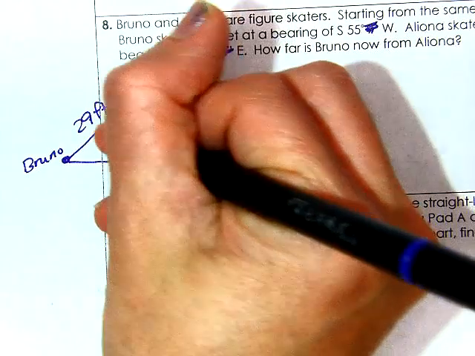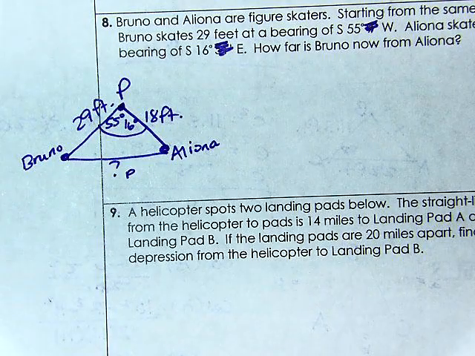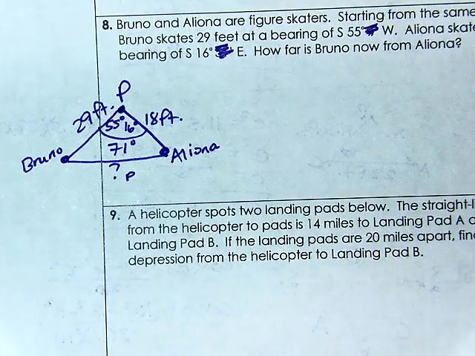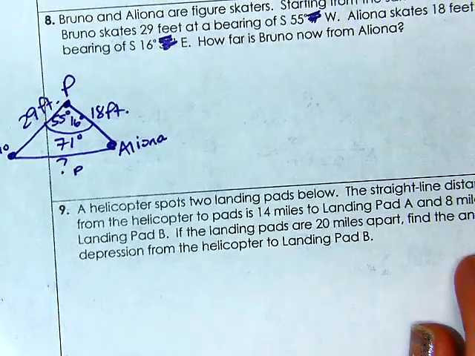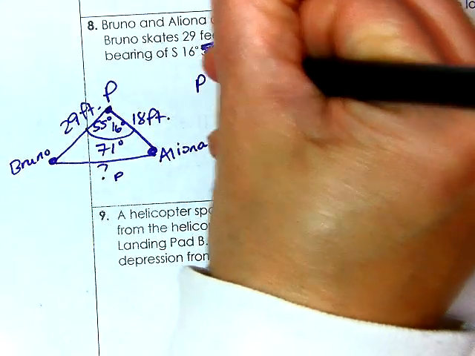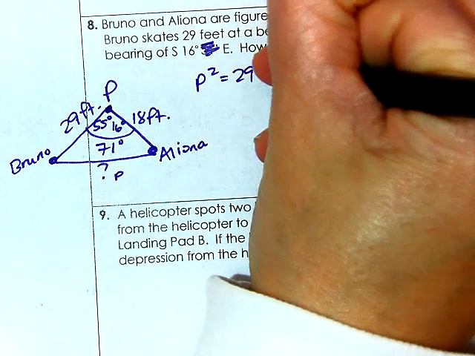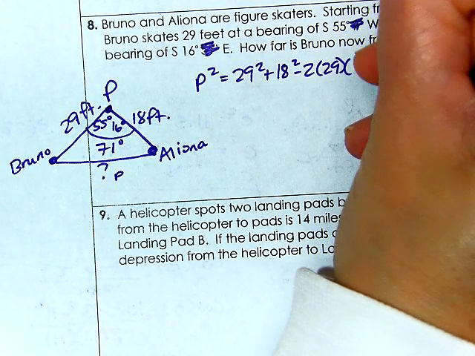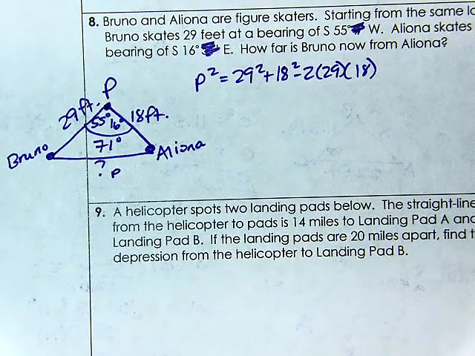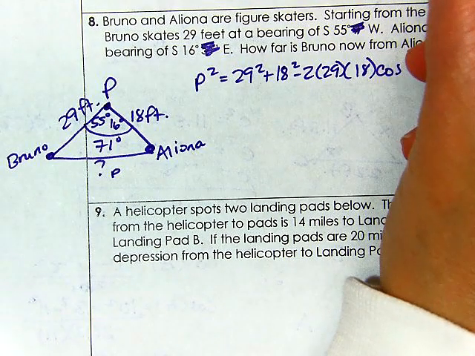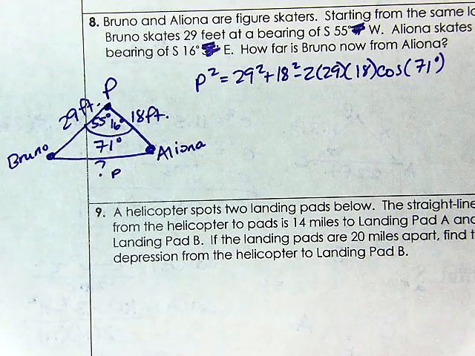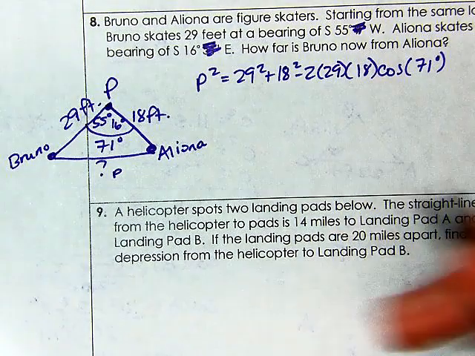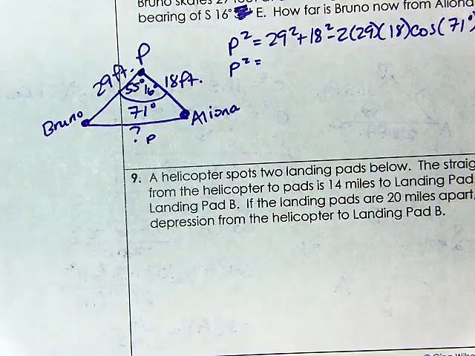So I know that this whole angle would be the 55 plus 16. And so that angle is 71 degrees. So I'm going to go ahead and say P squared equals 29 squared plus 18 squared minus 2 times 29 times 18. And you'll start getting good at that pattern. Times the cosine of the angle, which is 71 degrees. I'm going to put that into my calculator.